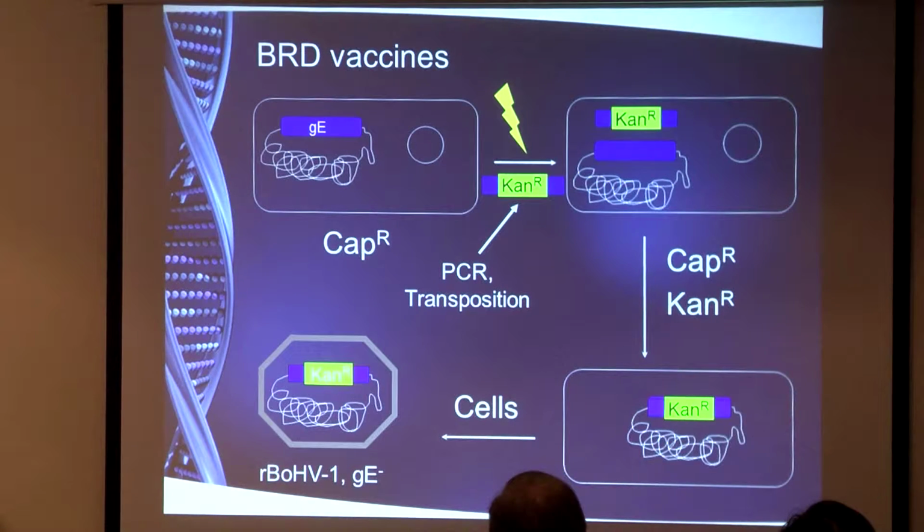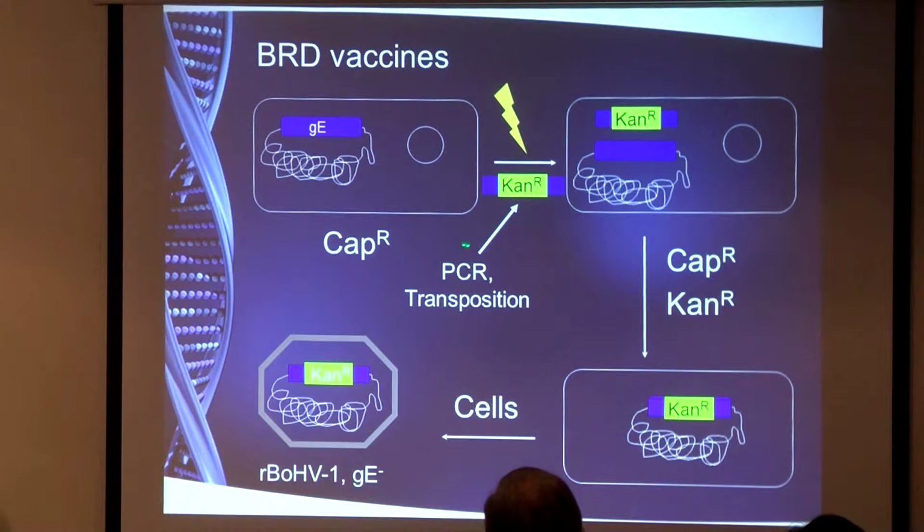So what we do is, if you like, here we have the bovine herpes virus genome, so a DNA virus that we've cloned as a bacterial artificial chromosome to allow us to grow and manipulate it in bacterial cells. In this case, we want to target the glycoprotein E, a non-essential gene within the virus, so it doesn't need it to grow in the lab or in animals.